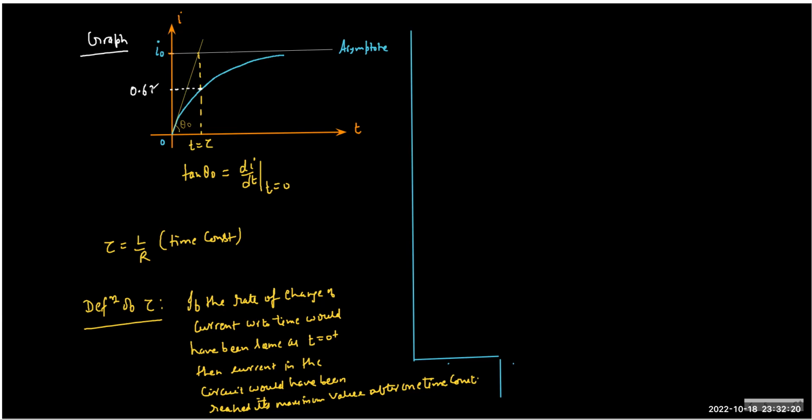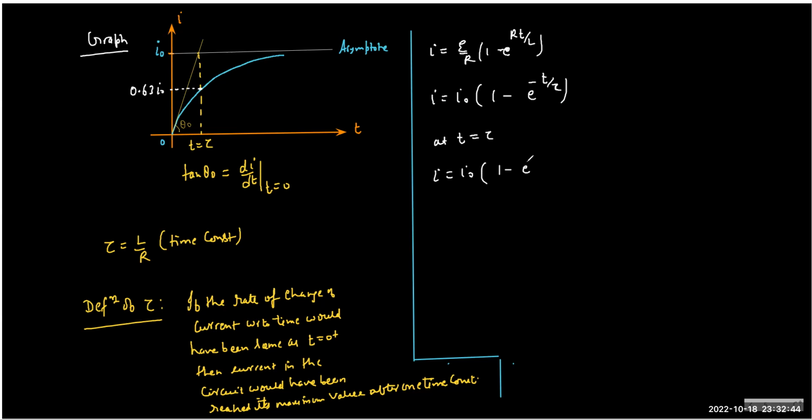And this value is roughly 63% of the maximum, which is evident from the formula. So I equals I naught into (1 minus e to the power minus t by tau), and we have discussed this in the capacitor also.